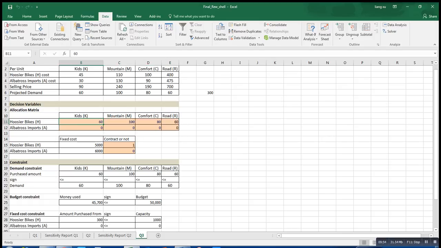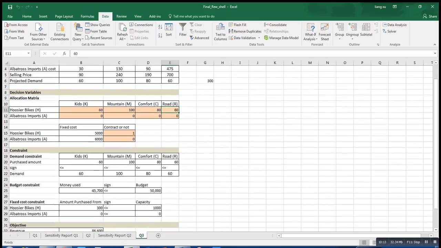So you're going to purchase 60 kids bikes, 100 mountain bikes, comfort bikes, and road bikes from each supplier. As you see here, this is exactly equal to the demand, so you're going to purchase these bikes to satisfy your demand.